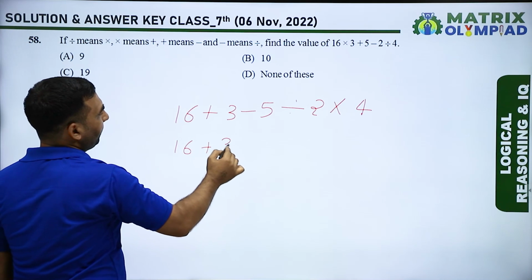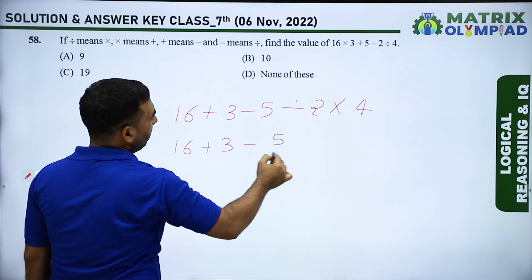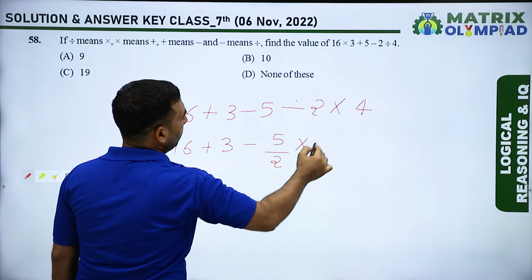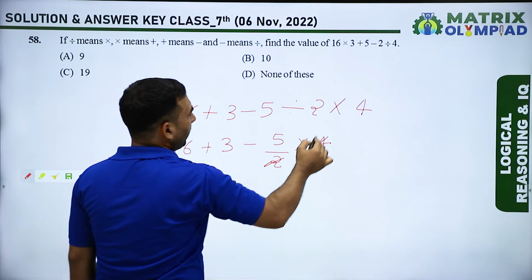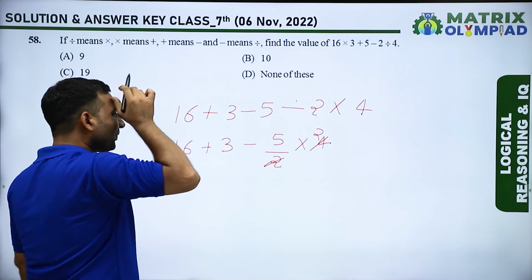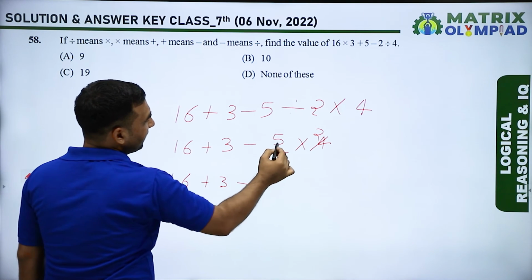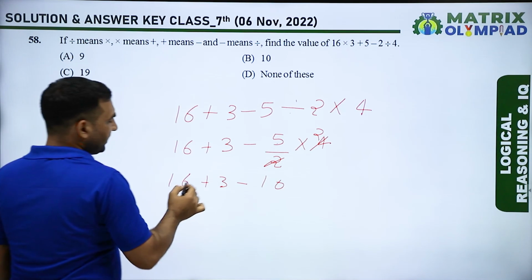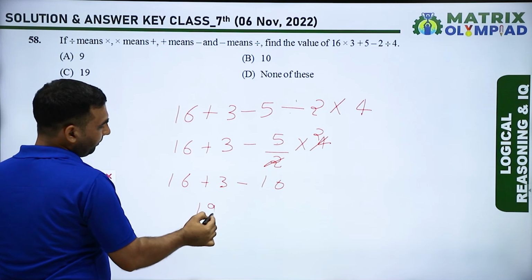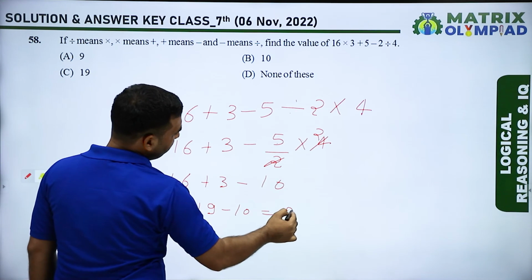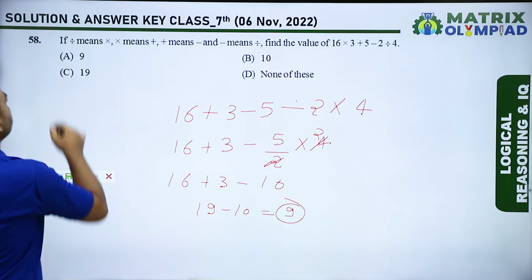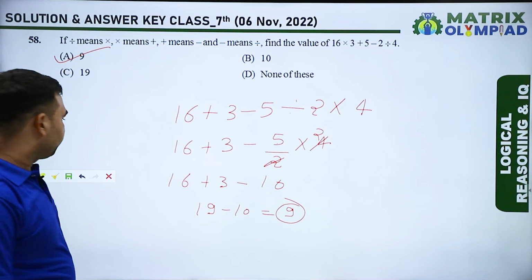So the equation becomes 16 plus 3 minus 5 divided by 2 into 4. 2 into 2 is 4, so 16 plus 3 minus 10. 16 plus 3 is 19, and 19 minus 10 is 9. Option A is the correct answer.